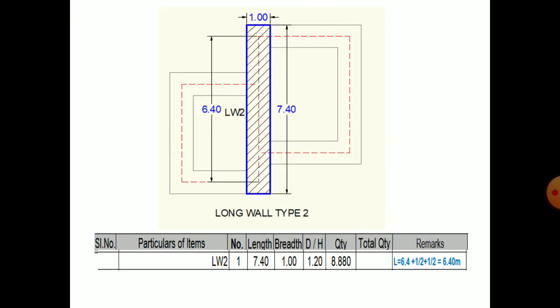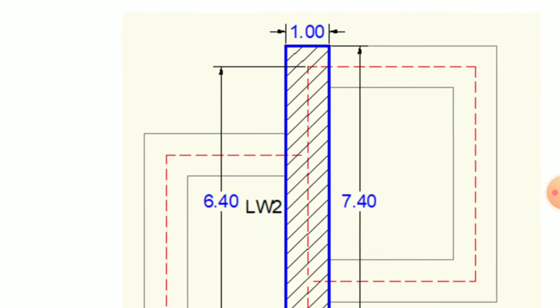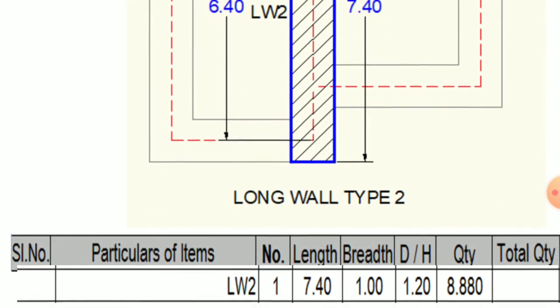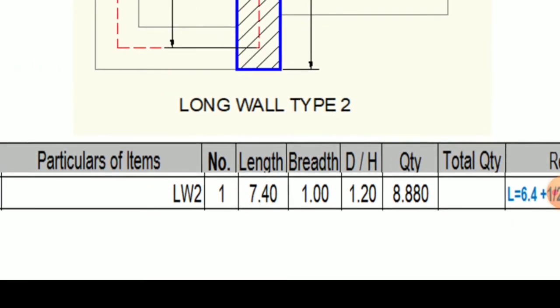Next, the center wall I will take. So the center wall out to out distance is 7.4 meter. Center to center distance is 6.4 meter. So if I take half the width of the foundation on one side and half the width on the other side, that works out to 7.4 meter. So this is long wall type 2.